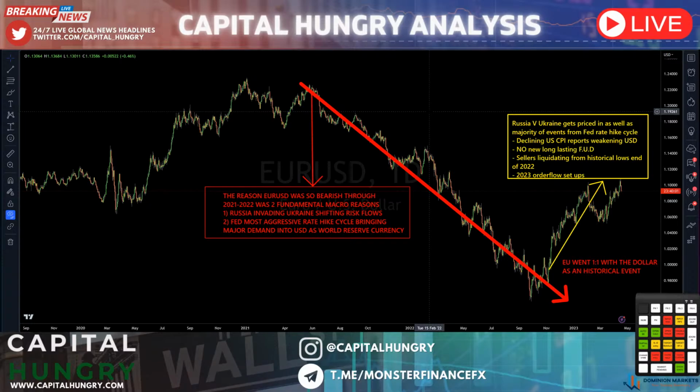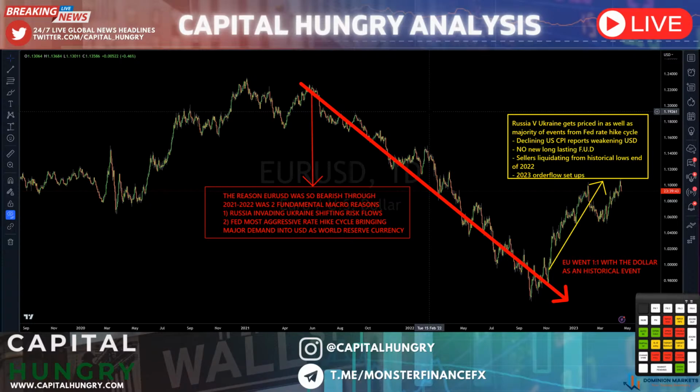First was Russia invading Ukraine, which shifted market risk flows, bringing more demand in your safe haven asset classes and safe haven currencies such as the US dollar, and less demand in your basket of risk assets and risk currencies such as the euro dollar.